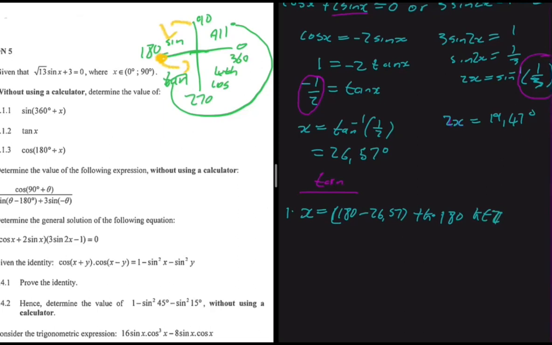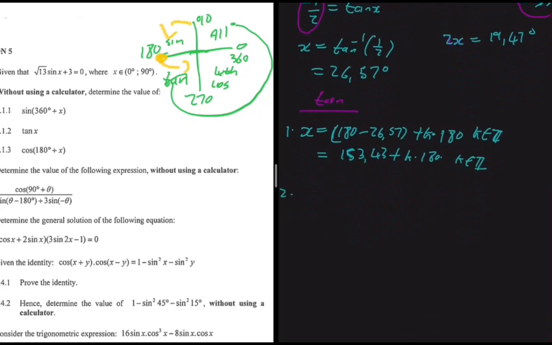Now we have done the second quadrant. So 180 minus 26.57 will give us 153.43 plus k multiplied by 180, k being some integer of choice.